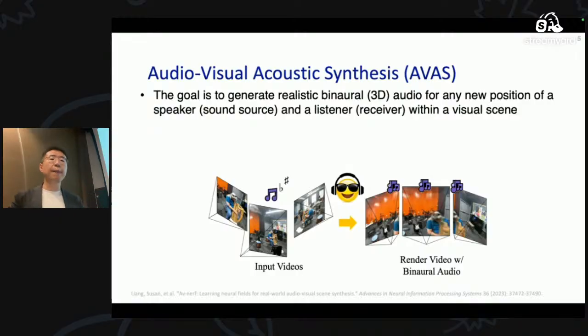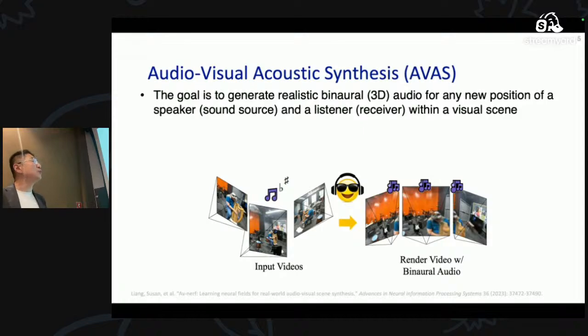Okay. Now the input video, which is a recorded video, is going to be your input to the system. This is usually from a certain fixed camera trajectory, shooting an indoor or even outdoor environment, with somebody playing the sound.